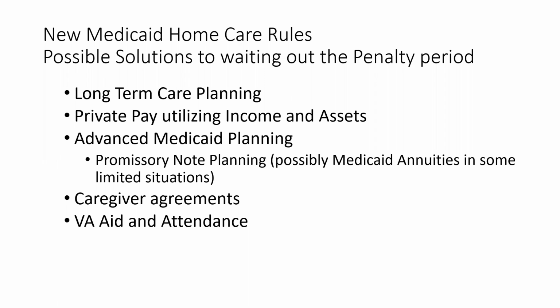There are going to be advanced Medicaid strategies and planning after 10/1/2020. There are concepts like immediate annuities, Medicaid compliant annuities, and promissory notes, which will allow you to lessen the amount of the 2.5-year penalty period for community Medicaid and the 5-year look-back for nursing home care. Those will still be available. There are strategies called caregiver agreements, where a lump sum payment is given to a caregiver, especially a family member, to provide care to somebody, and it eats away at that penalty period.